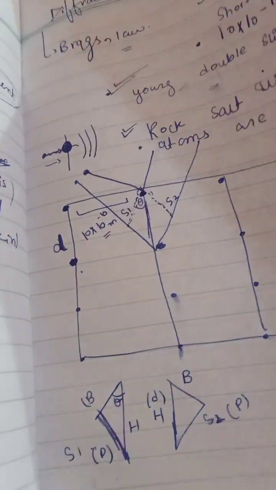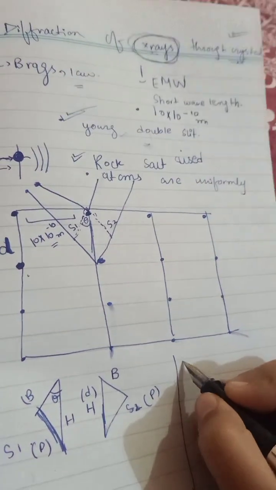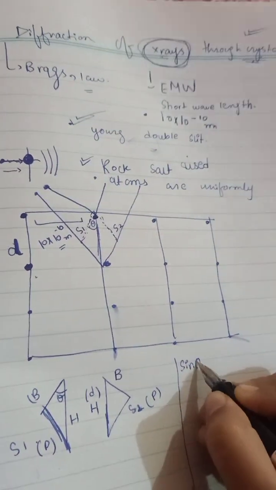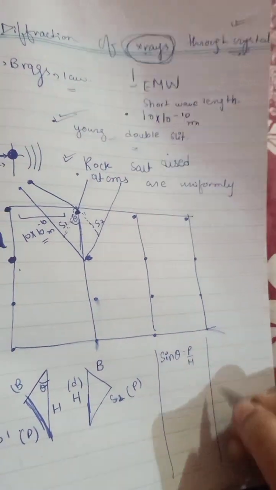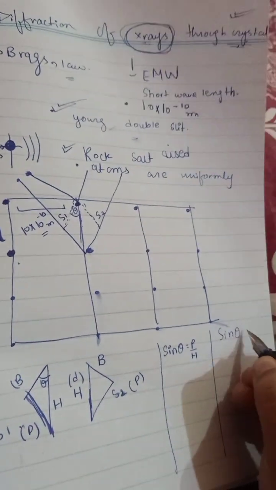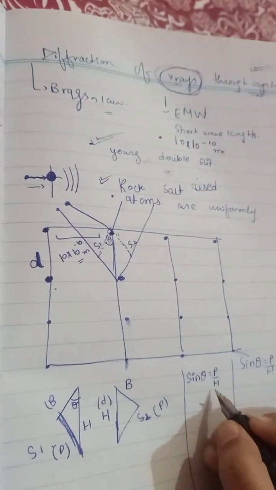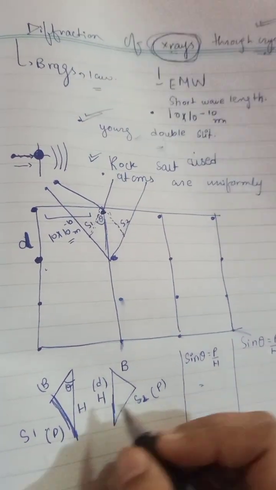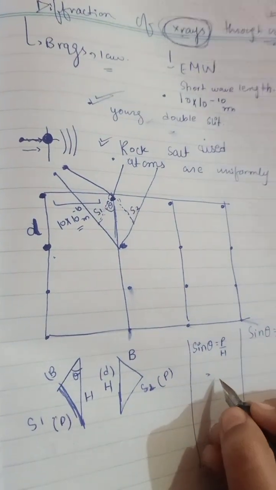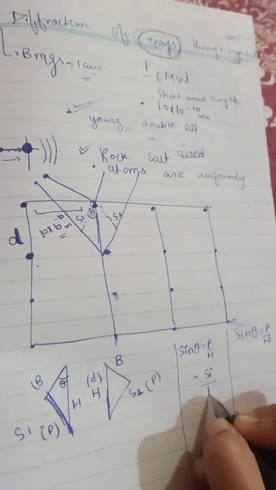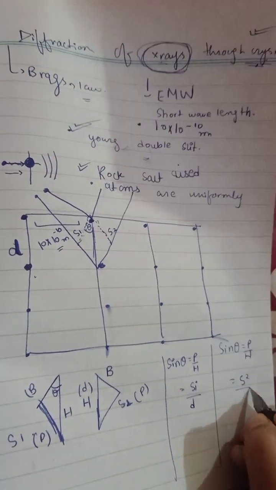So we can write here that sine theta is equal to perpendicular upon hypotenuse. We are using this formula. As you all know, the perpendicular is S1 upon d, and here S2 upon d.